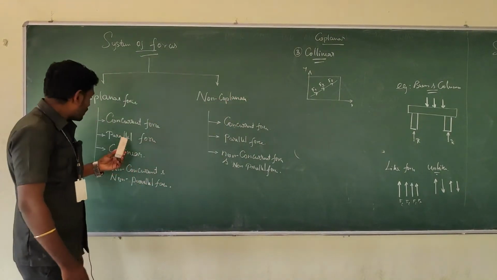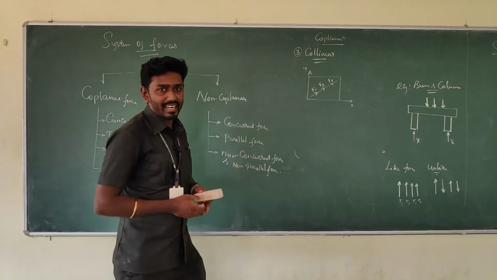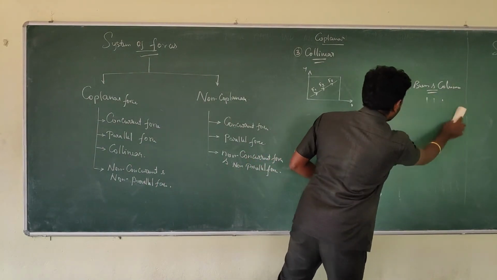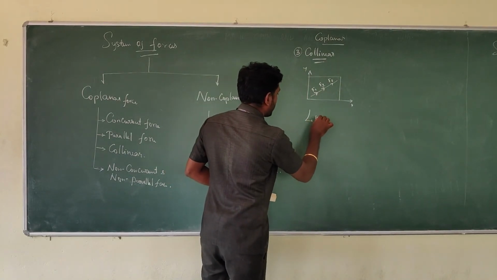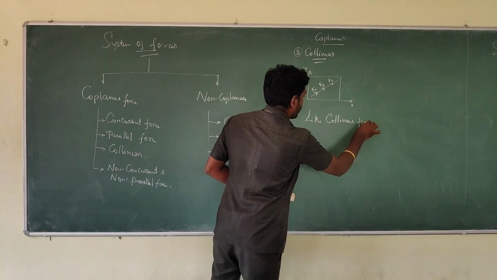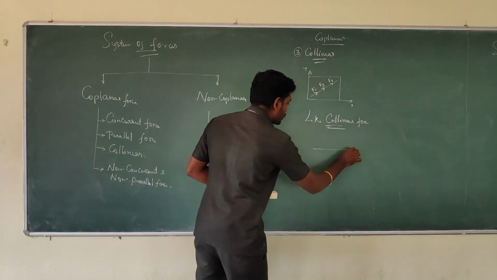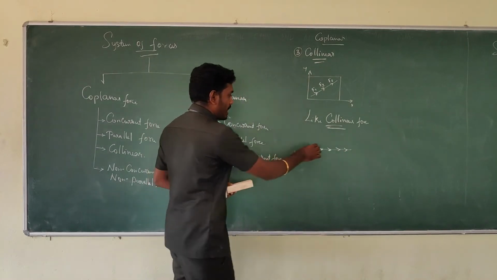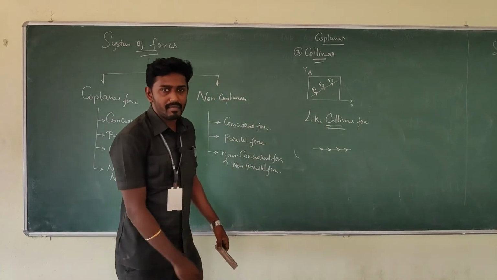Same as parallel forces, here as well we have like collinear forces as well as unlike collinear forces. If I call the system like collinear force, then all the forces should be directed in the same direction. If it is F1, F2, F3, F4, all should be directed in the same direction.